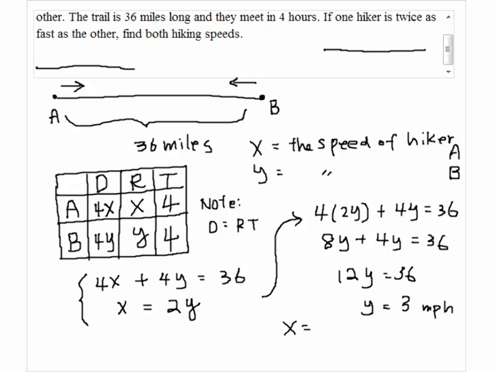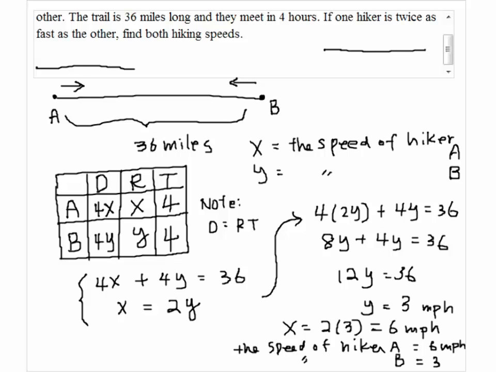To find x, we simply double the miles per hour for y, so we get 6 miles per hour. So the speed of hiker A equals 6 miles per hour, and the speed of hiker B is 3 miles per hour.